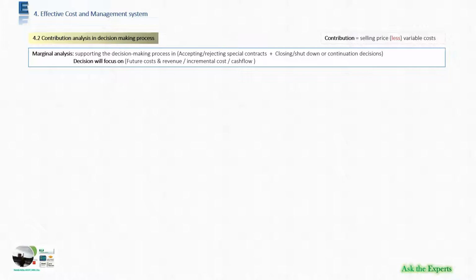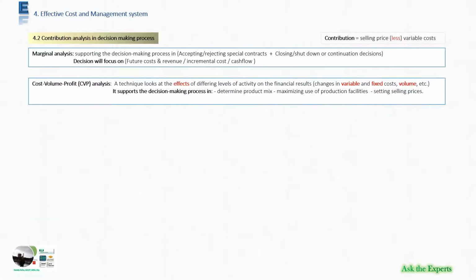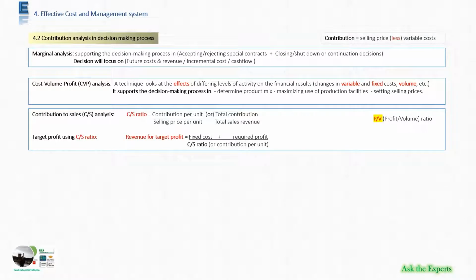It could support the decision-making process in accepting or rejecting special contracts, closing, shutdown or continuation decisions. Consequently, the decision itself will focus on future costs and revenue, incremental cost, and cash flow.